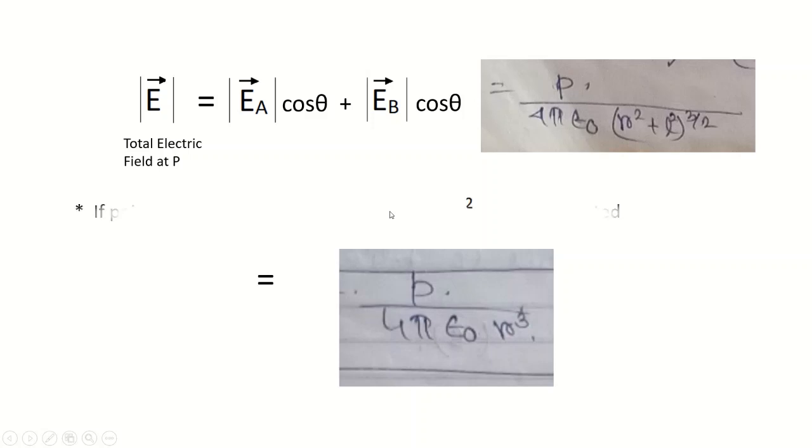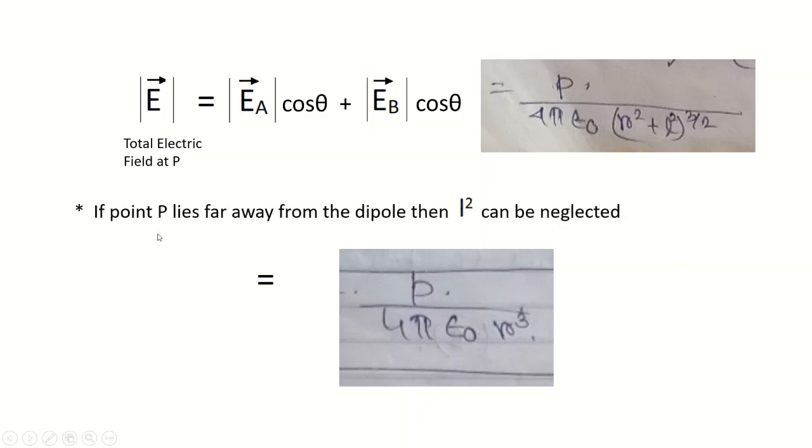And similarly, if the point P lies away from the dipole, then L square can be similarly neglected, and hence we are going to obtain the total electric field in the form of this.